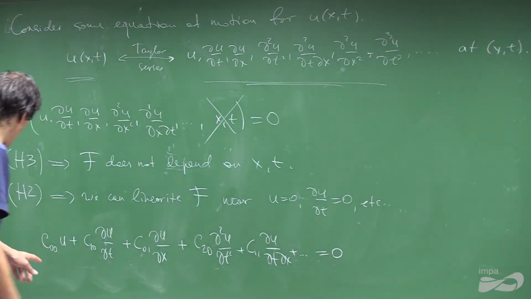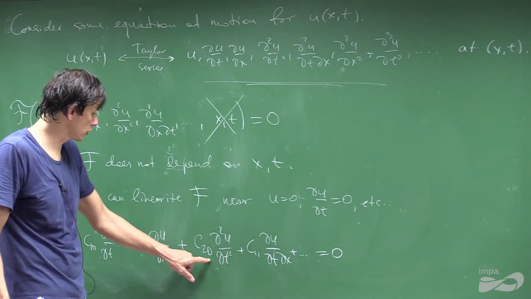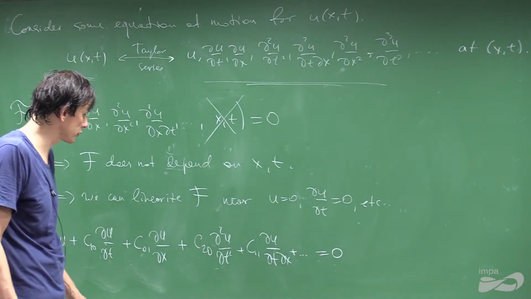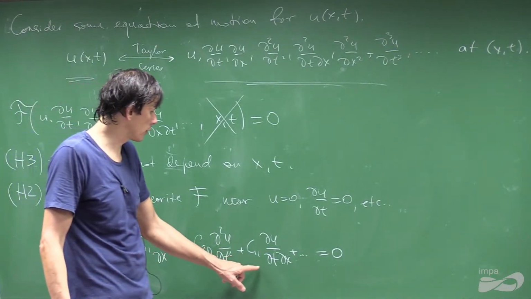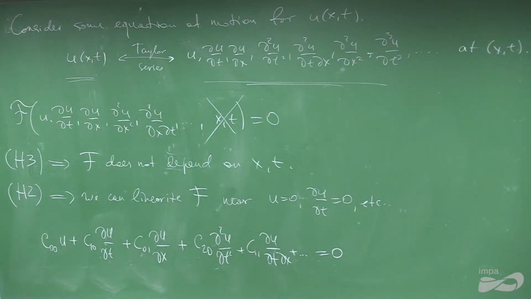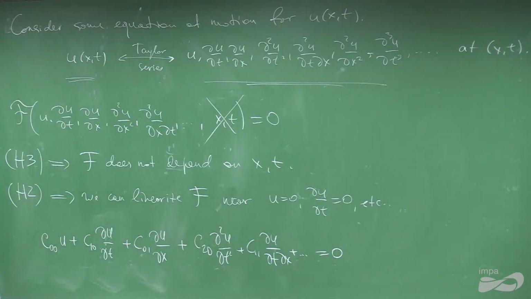So you already see that I coded by indices how you take derivatives. If it's 2, 0, it means second derivative with respect to time, no derivative with respect to x. And here 1, 1 is first order with respect to t and x. And there is no free coefficient, because when everything is 0, it should be 0.